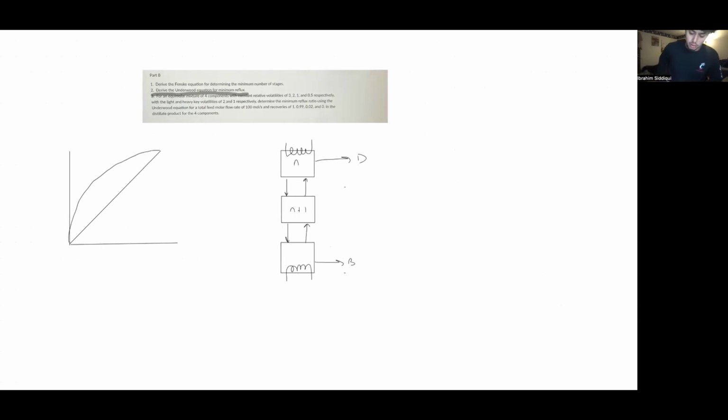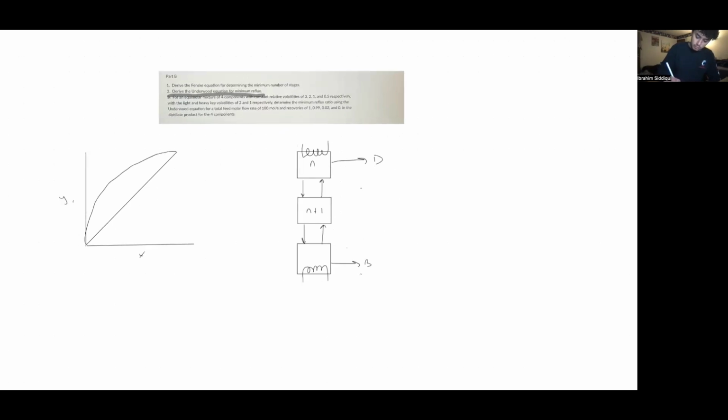Just before we step on to the derivations and our mass balances for this, I want to talk about a few things. One of them being the pinch point. Now, how is the pinch point determined? So we have our x and y's right here, and let's say we have an operating line that goes somewhere like this.